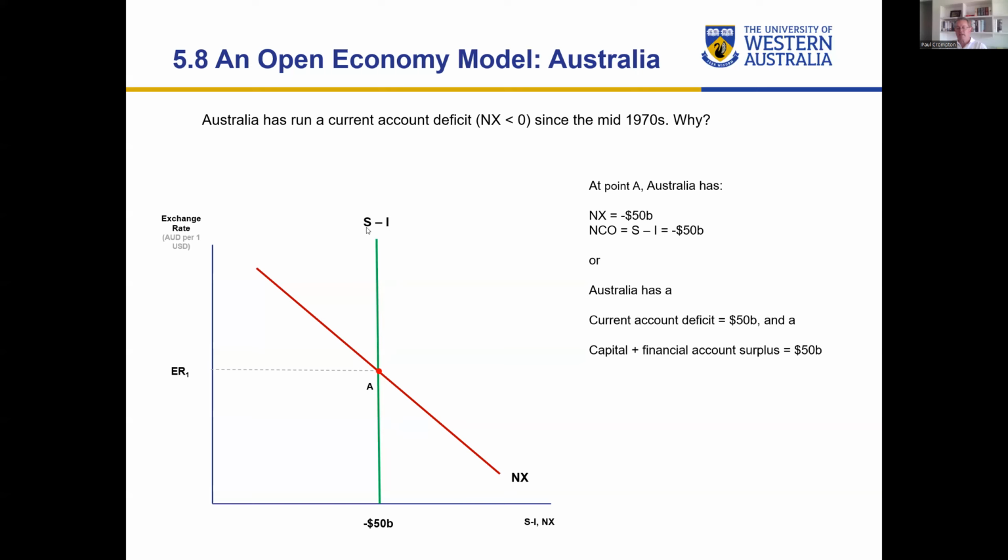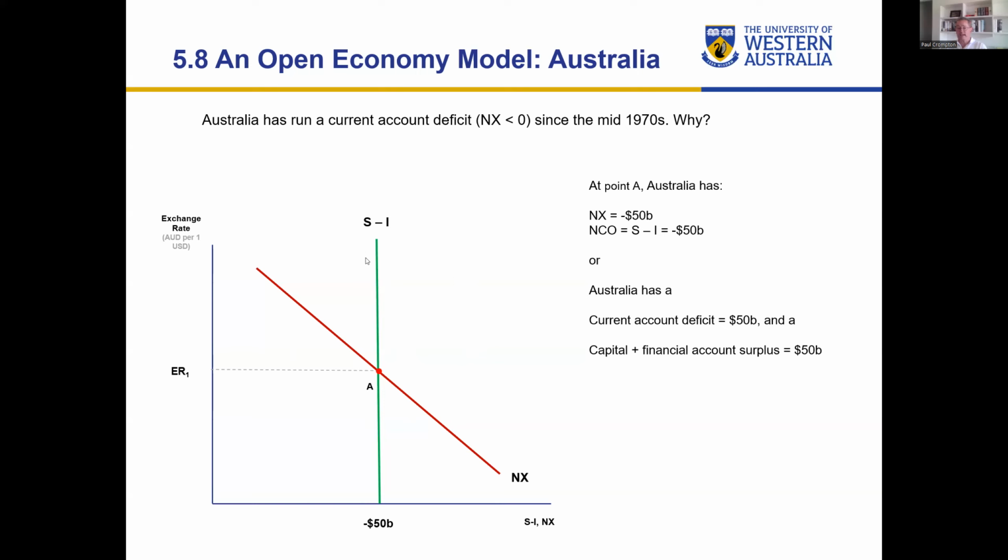As soon as the value of S has been determined by households, and the level of I has been determined, then we have the position of this green line. And when that has been determined, the value of NX is going to be equal to the value of S minus I.